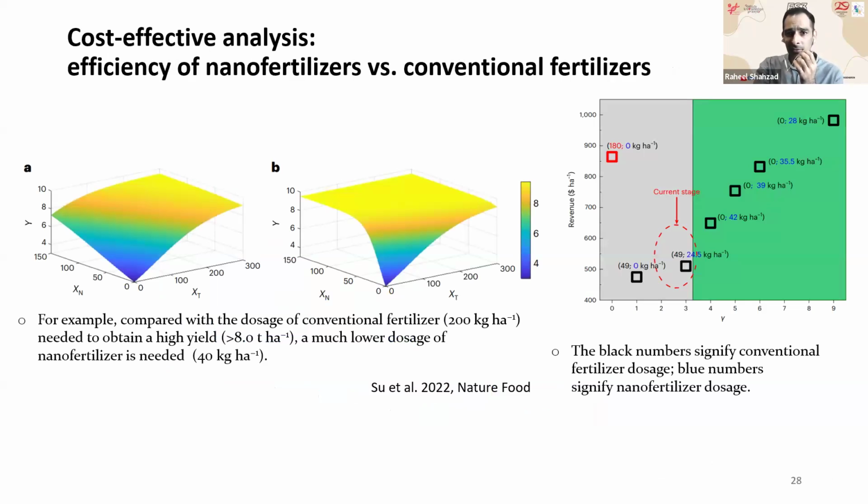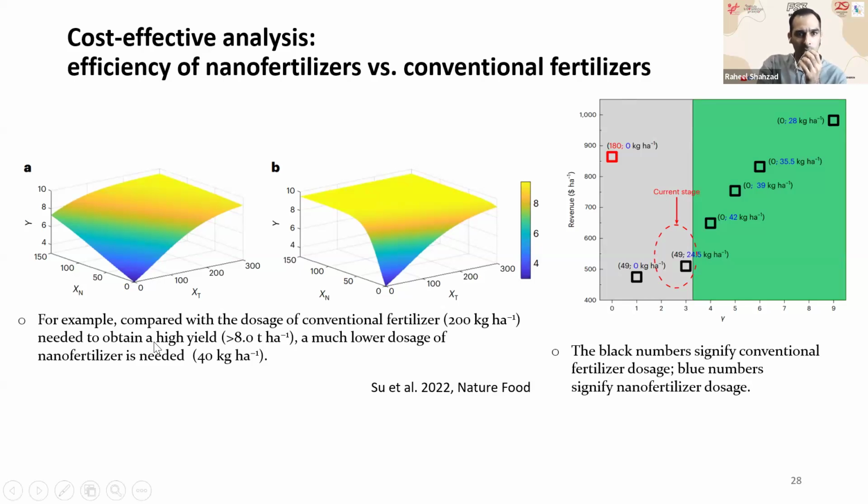This is another article, published in Nature Food, where they checked whether the cost effectiveness of nanofertilizers is higher than conventional fertilizers. I highly encourage you to go through these papers.